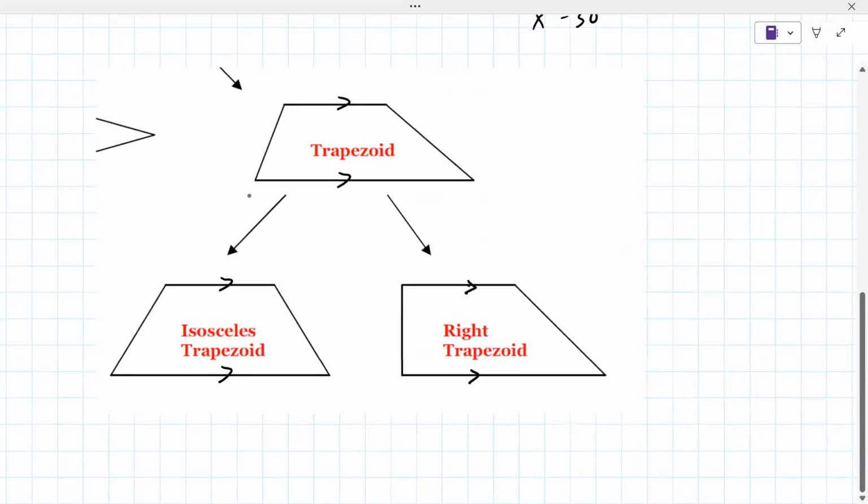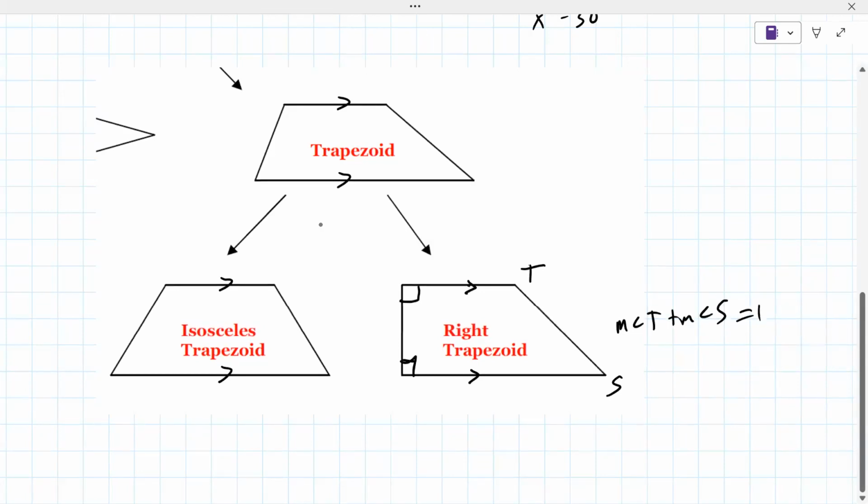For a right trapezoid, that's 90 degrees. But the thing that we just did here, like the T and the S, those two still add up to 180, and that's true in all of these.